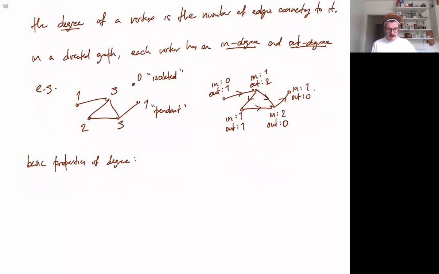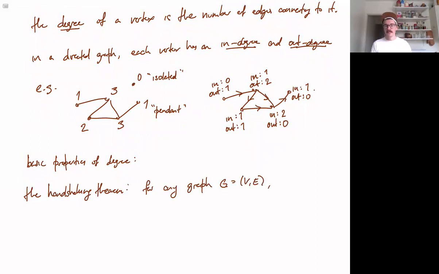The first is called the handshaking theorem, which is, for any graph G, with its set of vertices and a set of edges, we have the following equation: the sum of the degree of each vertex in the graph is equal to twice the number of edges in the graph.